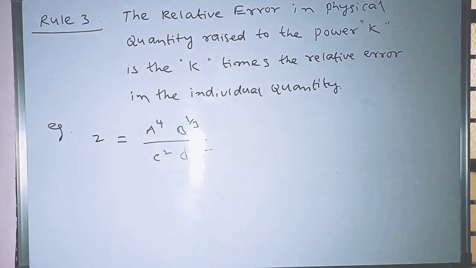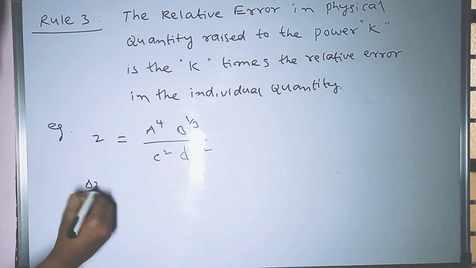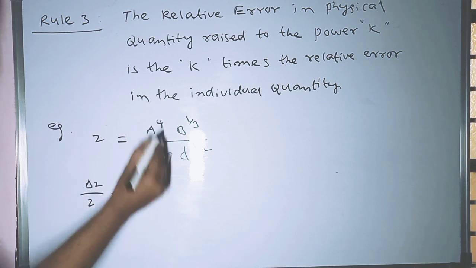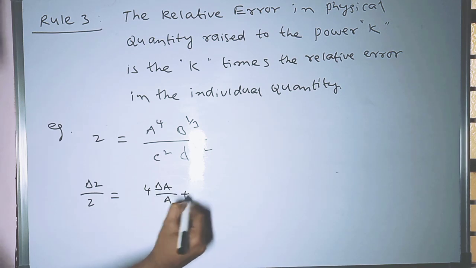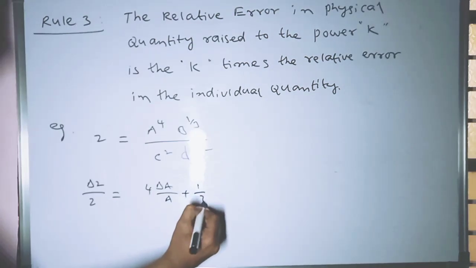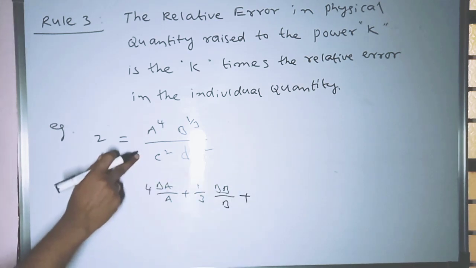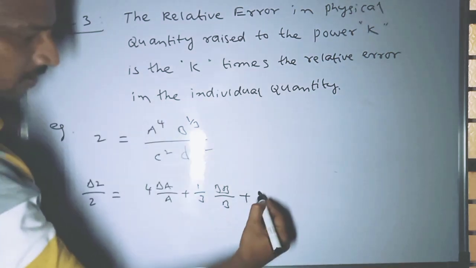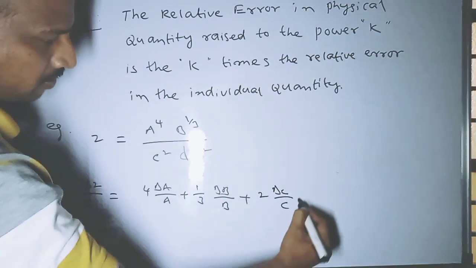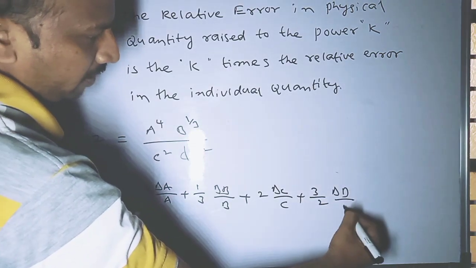So how to write the relative error of this example? Very simple. Delta z by z is equal to 4 into delta a by a plus 1 by 3 into delta b by b. Division or multiplication, it is always plus here, plus, plus. That is 2 into delta c by c plus 3 by 2 into delta d by d.